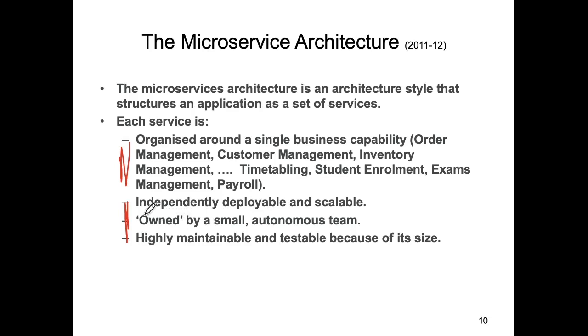So each microservice could be deployed in isolation. Each microservice was owned by a small subgroup within your overall software engineering group, and that team that was responsible for a software service, at least in theory, they could make any change they want to their service without impacting on the other services.